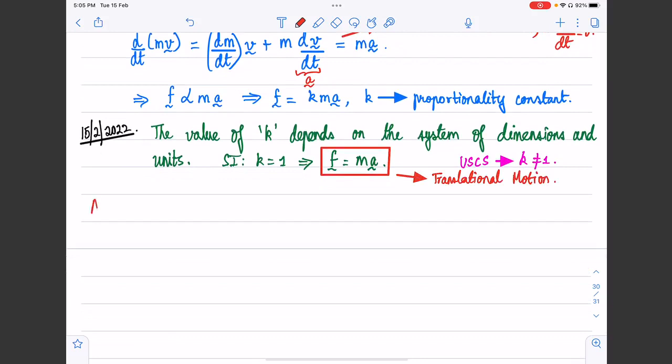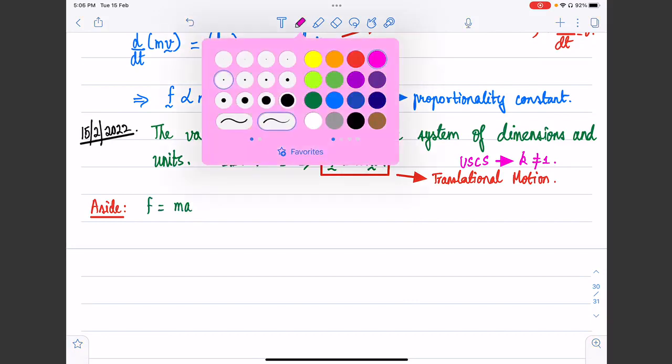Fine. So now I'm just going to take you on an aside, just as a side note. So what is this side note that I want to share with you? Let us say we take 1D motion. Okay, so let's not worry about vector quantities. We essentially consider all the quantities to be scalar just for simplicity.